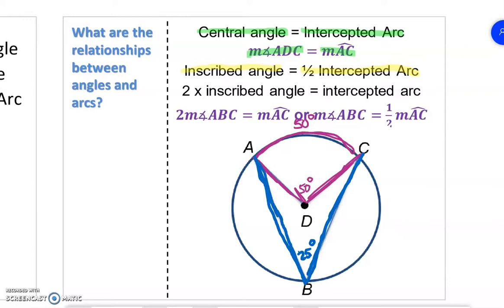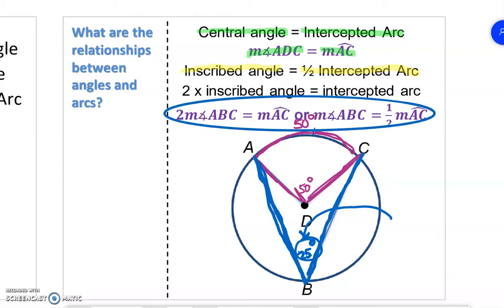If that arc is 50 degrees, that means the inscribed angle of that intercepted arc is going to be exactly half of the measure, or the arc is going to be twice the measure of the inscribed angle. This arc is 50 degrees, this inscribed angle is exactly half the amount, 25 degrees. And that's what this information is saying in here.